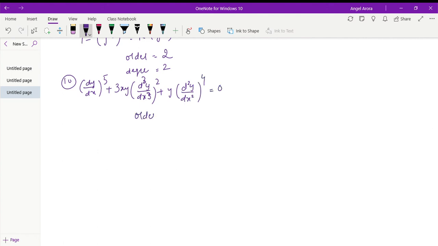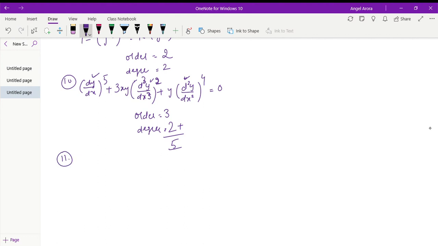So all these terms are in polynomial form. This is first order, this is third order, and this is second order. So order is 3 and degree is 2 because power of third order derivative is 2. And they are saying to calculate the sum of order and degree. So sum of order and degree will be 5.